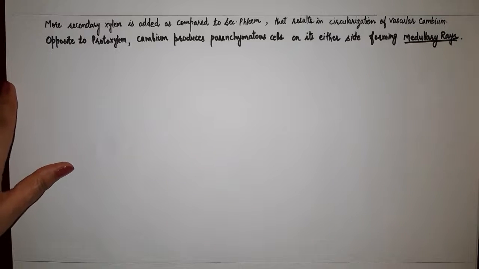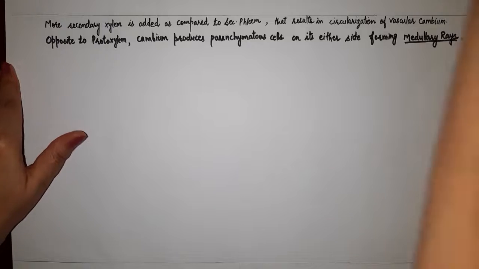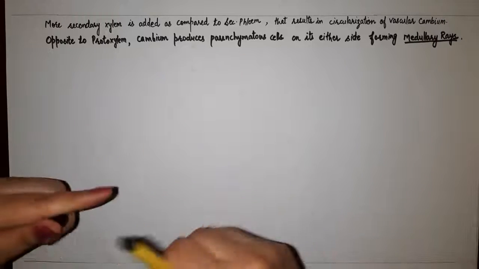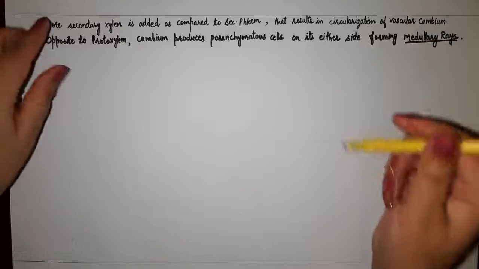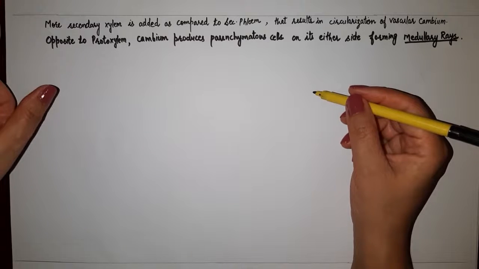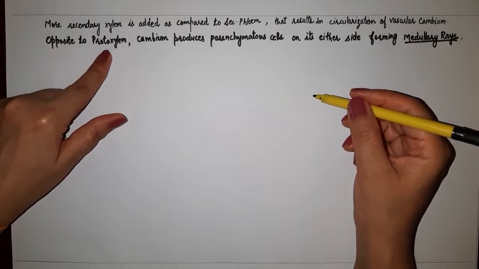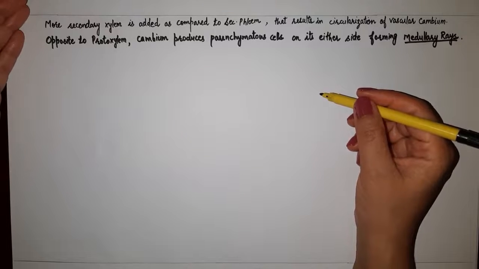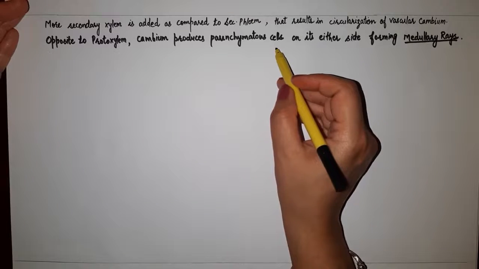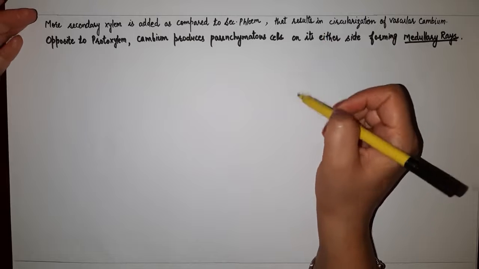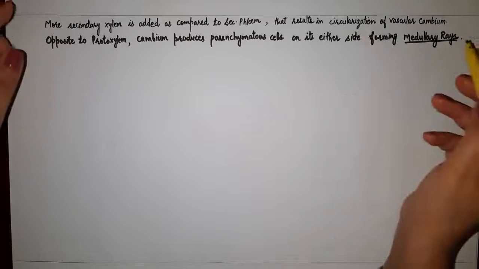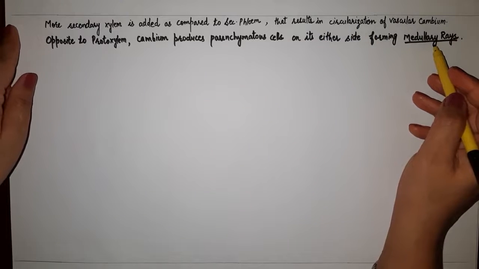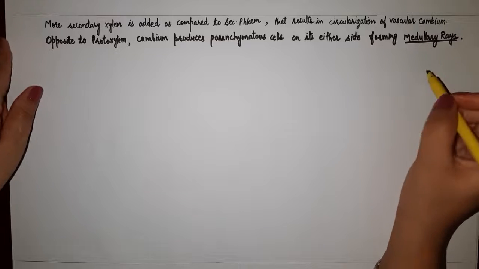So, this part is important. How the medullary rays are formed from the region of the cambium that developed from pericycle, okay, which is opposite to protoxylem. That is not going to form secondary xylem or secondary phloem, rather it will cut certain parenchymatous cells towards both sides, towards inner as well as outer side, and they result in the formation of medullary rays.